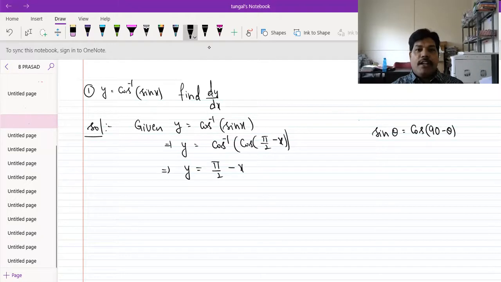So next we will differentiate the function with respect to x.